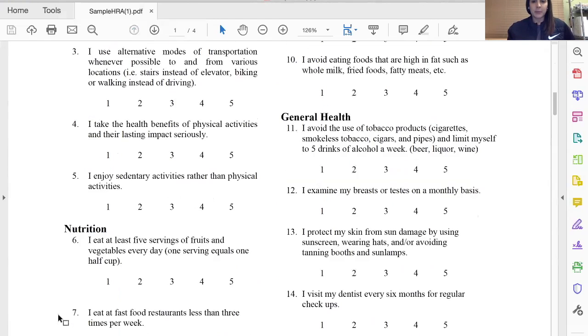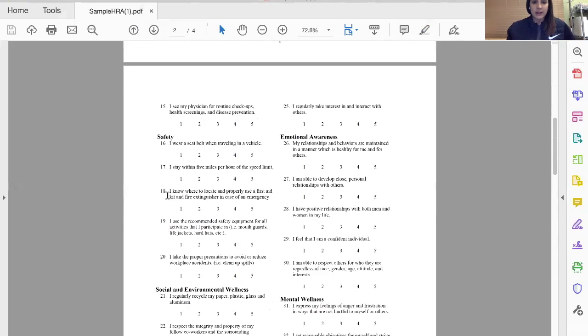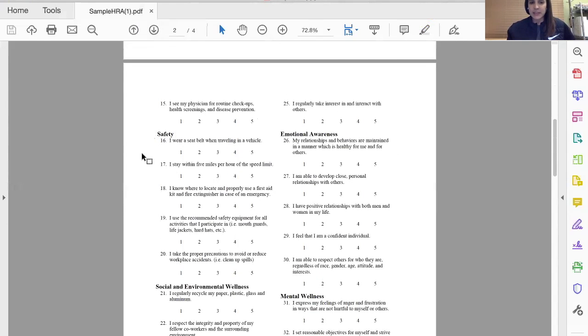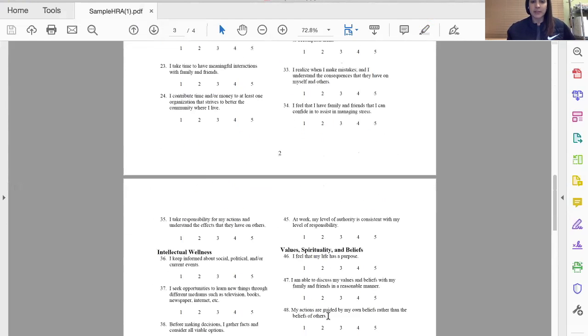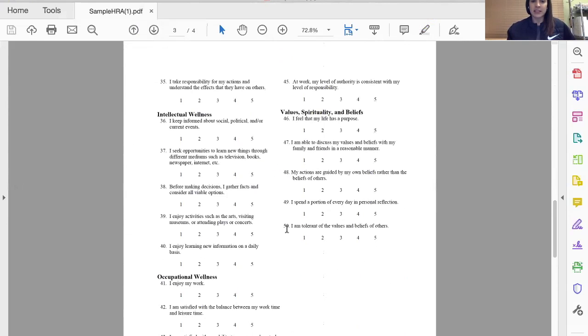What else? Let me zoom out a little bit. I feel like safety is a good one, but we didn't spend too much time on that. Mental wellness, we focused on that one, but we skipped over this last page because one, it's 50 questions, so it's kind of lengthy.